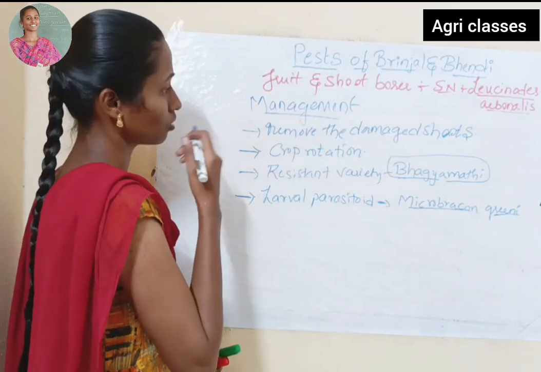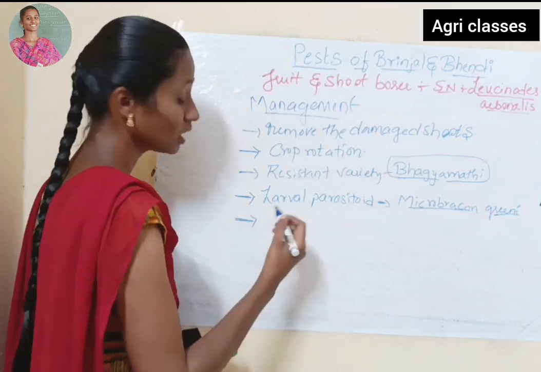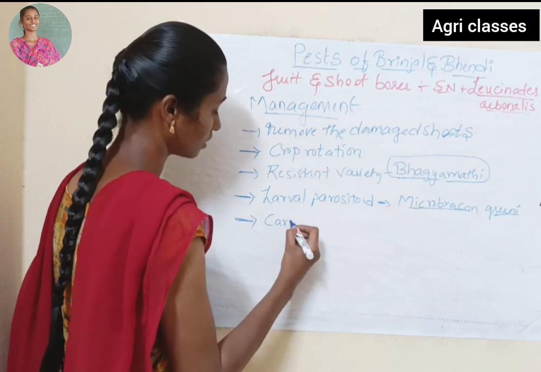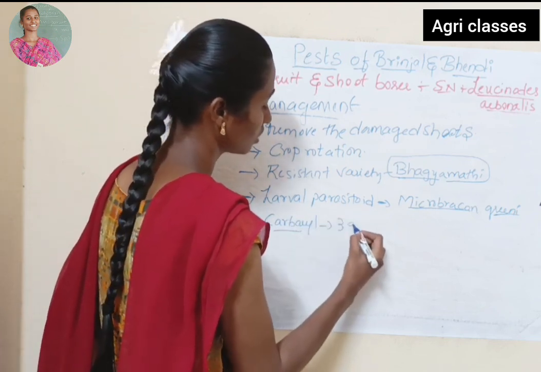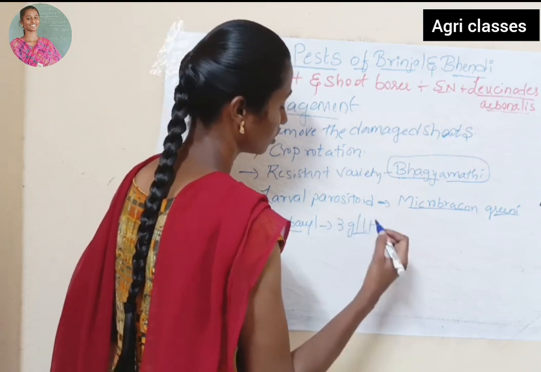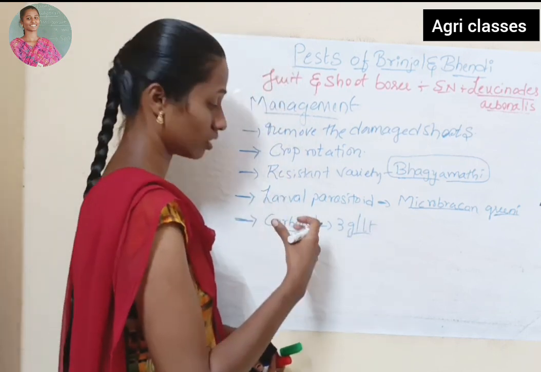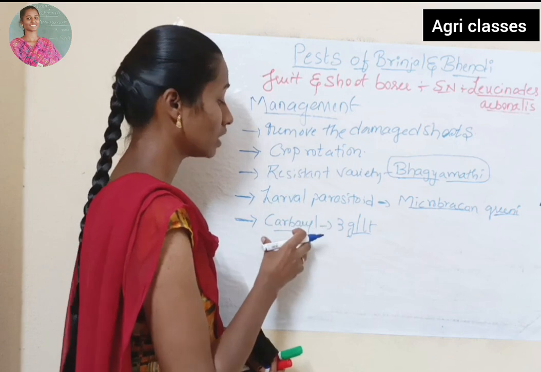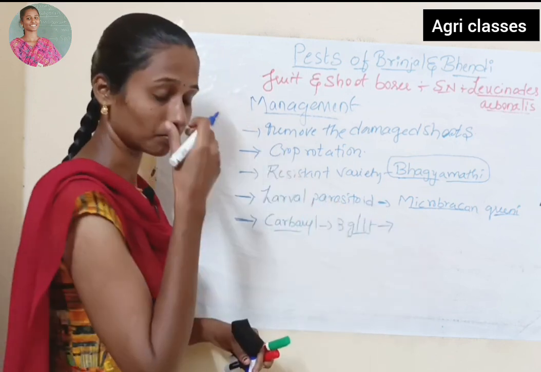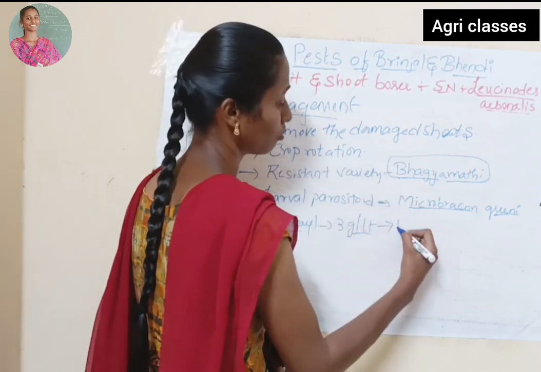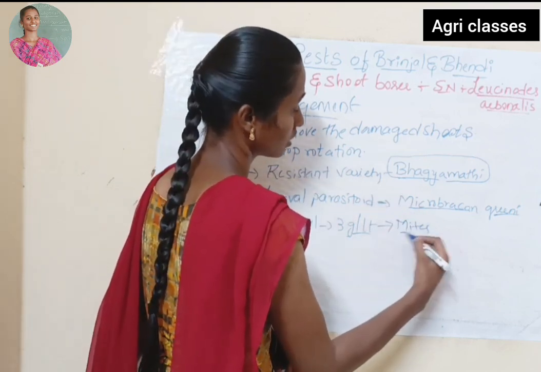Okay, so then next thing, chemicals. Carbaryl: 3 applications of carbaryl, 3 grams per liter water. If we use carbaryl in higher amounts, there is a problem of mites. This will flare up the mites.